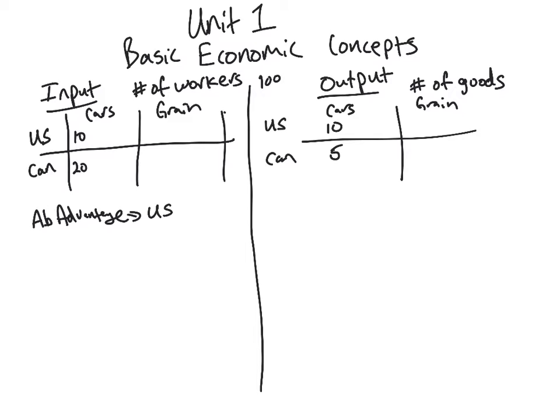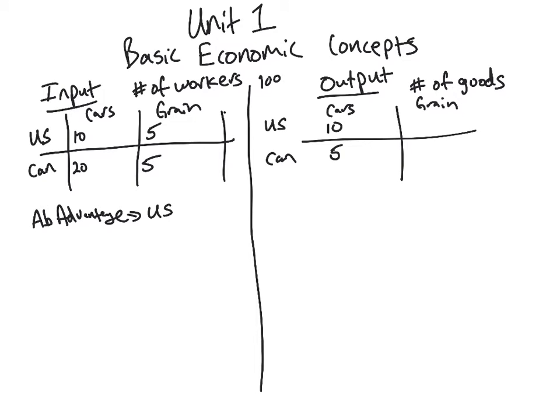And so if we look at absolute advantage in terms of grain, let's say for grain, it takes the U.S. 5 workers to produce grain, and it takes Canada, let's say it takes them 5 as well. All right.